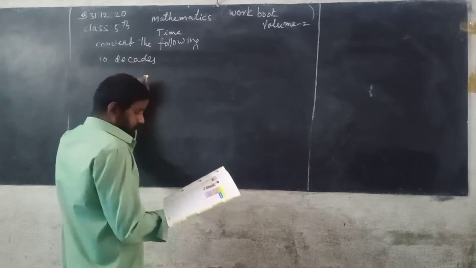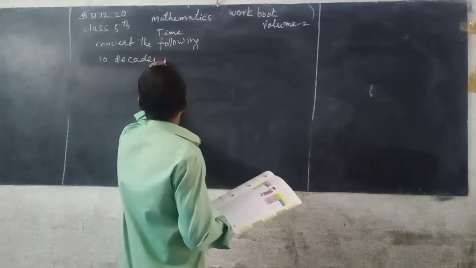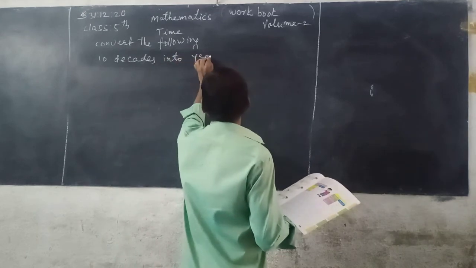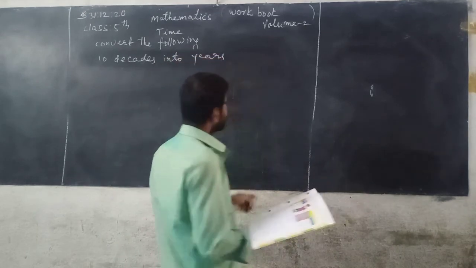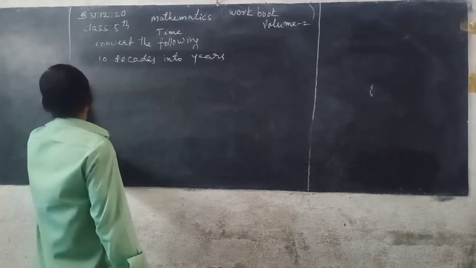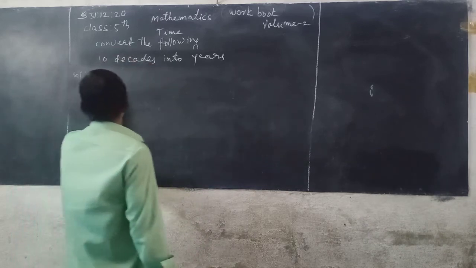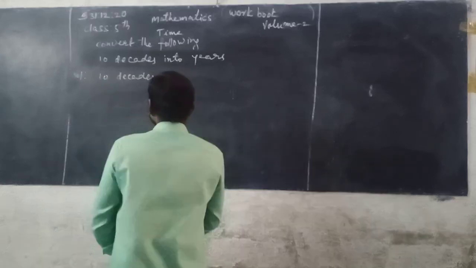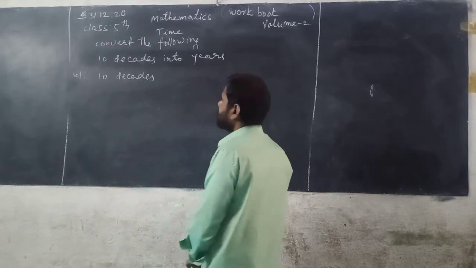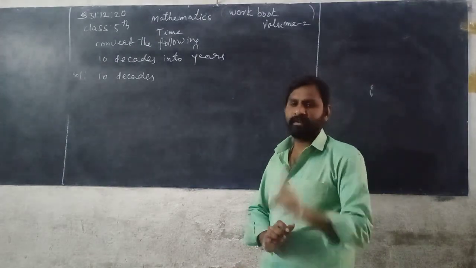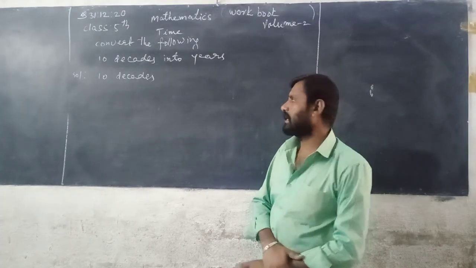10 decades into years. Solution: 10 decades. Decades is converted into years, so I have to multiply by 10 because 1 decade is equal to 10 years.